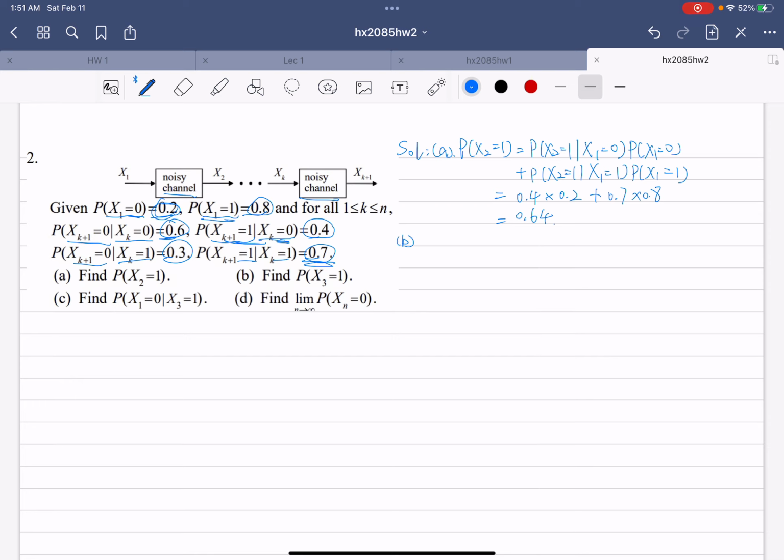The second part is to find the probability of x3 equals 1. There are also two conditions. The first one is x3 equals 1 when x2 equals 0, plus the probability of x3 equals 1 when x2 equals 1, too, times x2 equals 1's probability.